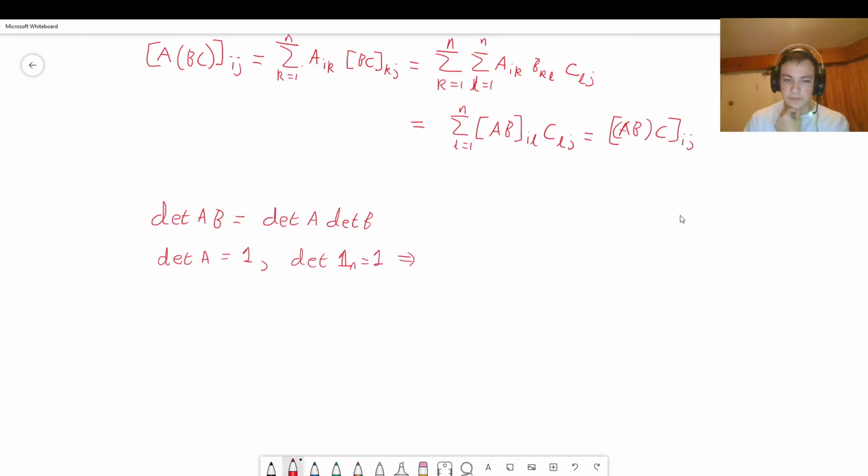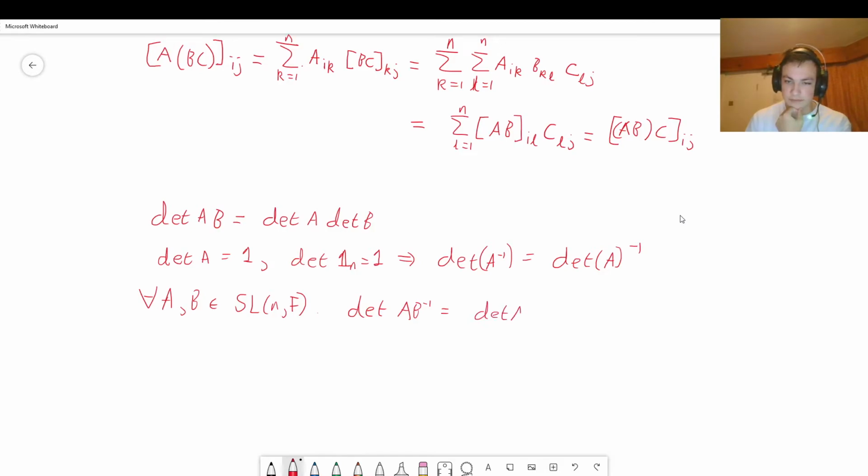So therefore the determinant of A inverse is just 1 over the determinant of A. And so for all A, B in SL_n(F), det of AB inverse is det of A times the inverse of det of B, which is 1. Okay, so that's closed.